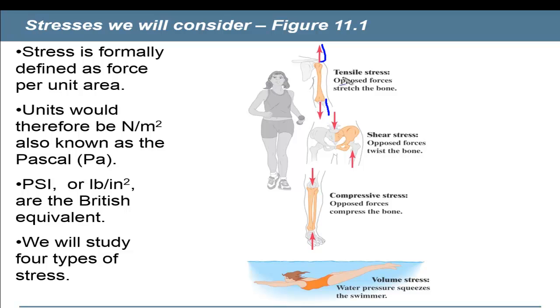In this case, it's a pulling apart of the bone. We also have shear stresses. Shear stress causes something to twist. So her spine is pushing down right here, while her leg is pushing up right here, and it's causing her hip bone right here to want to rotate, or to shear.